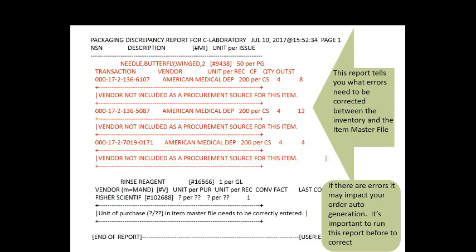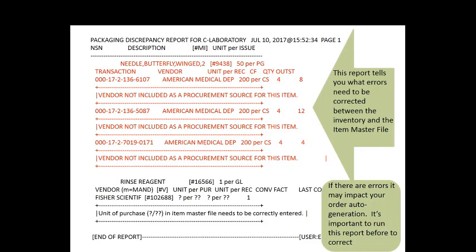Some of the errors you may encounter are inventory point and item master file discrepancies in unit of receipt versus unit of purchase, conversion factor errors, a change in mandatory procurement source prior to the receipt of an order.